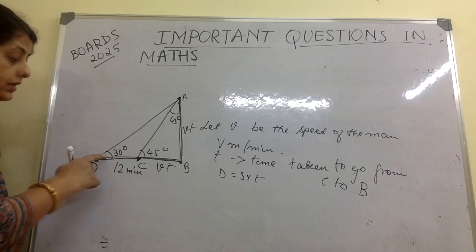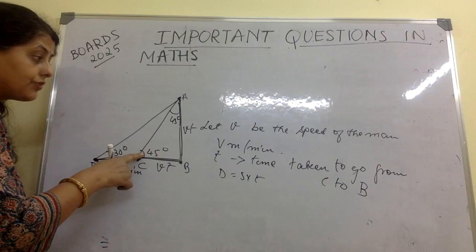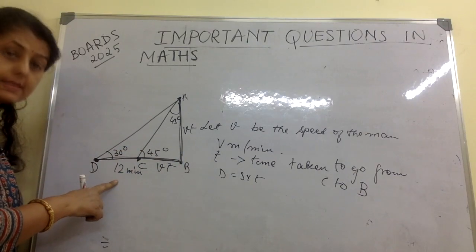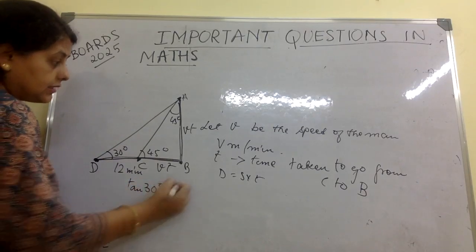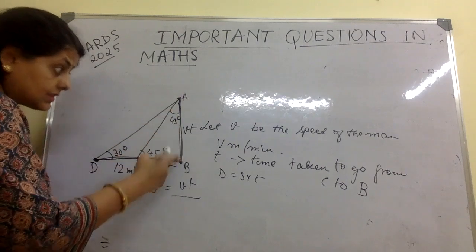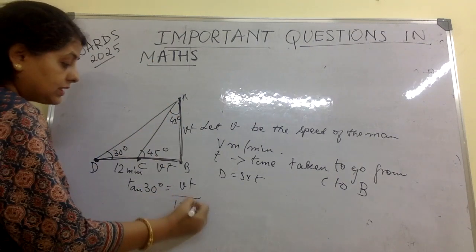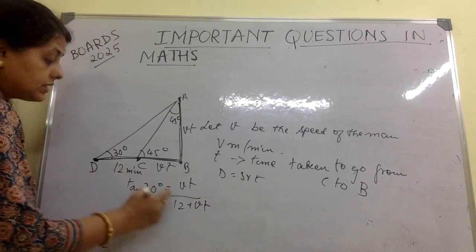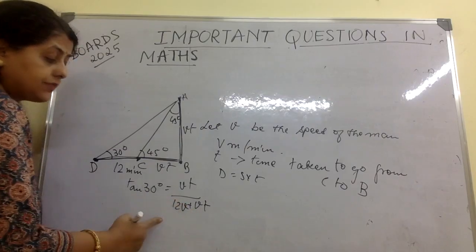I will apply tan theta. Tan I'll apply for the 30 degrees. Don't apply tan for 45 because it is going to cancel out and you won't be able to take this 12 in the sum. Take tan 30 degrees is equal to VT, because this is distance now, speed into time, distance, over 12V plus VT. Sorry, this is 12 minutes, so time into 12V plus VT.